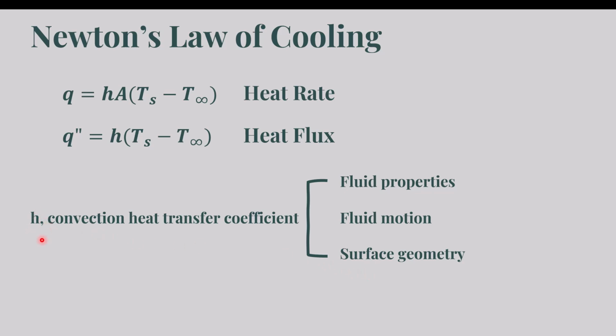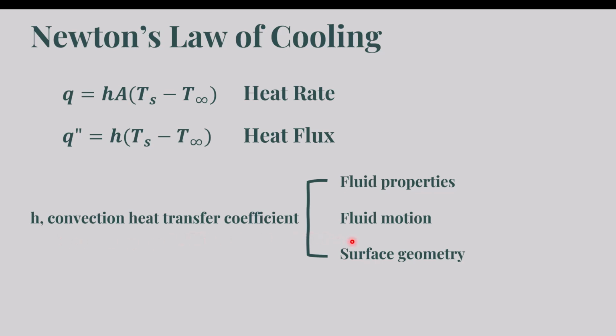And there are some correlations out there which you have to rely on in finding this value. As opposed to conductivity, which was a coefficient that you could go to material tables and find, for h there is no table to give you an h value, for example for air at some temperature, at some pressure. h is not only a function of fluid properties.